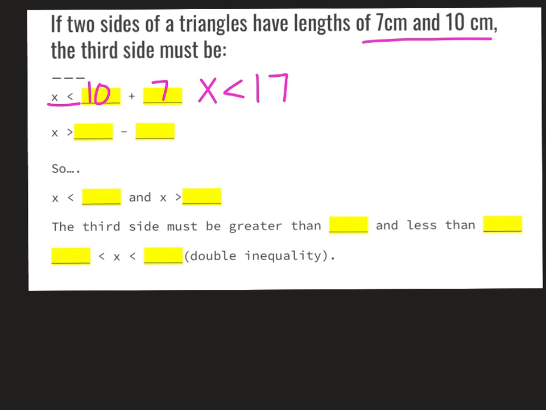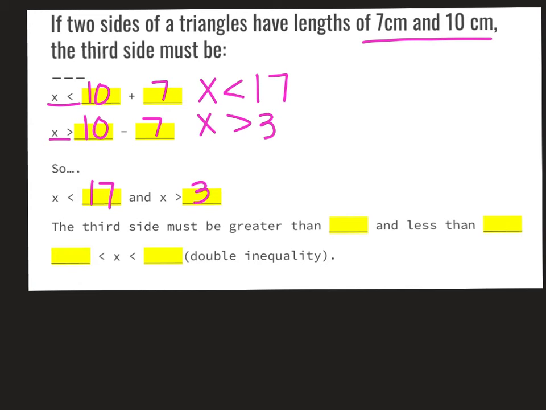Then we're also going to take our 10 and our 7 and subtract them. 10 minus 7 gives me 3. Bring over my x and my inequality here. So x could be less than 17 and x could be greater than 3. So my range of numbers for that third side length of my triangle could be anywhere between 3 and 17.